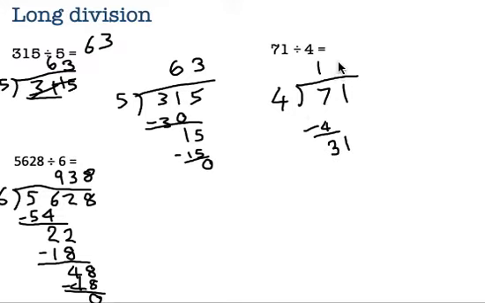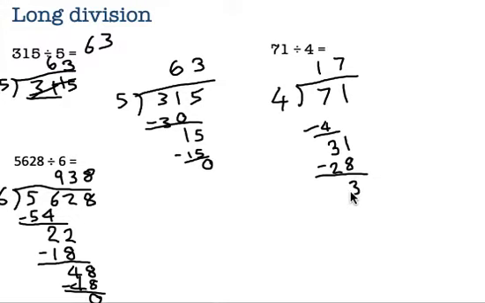I would have 7 4s, okay? And 7 4s gives me 28. So 31 minus 28, that should give me, I think, 3 left over? 3, yeah.